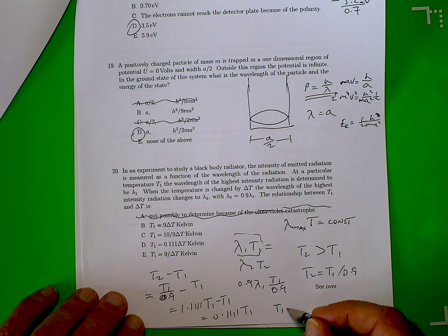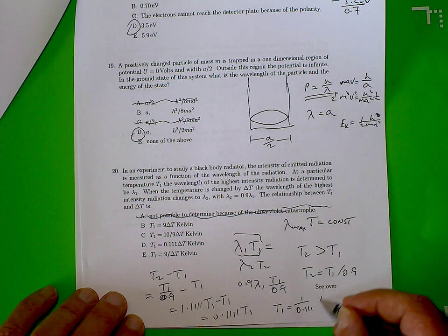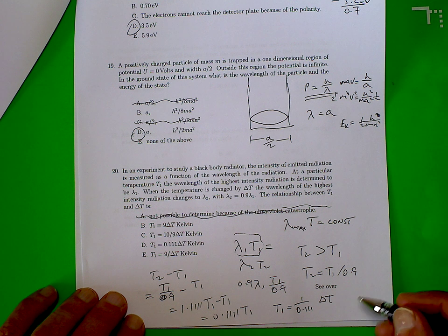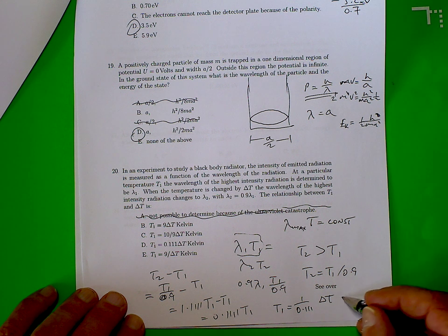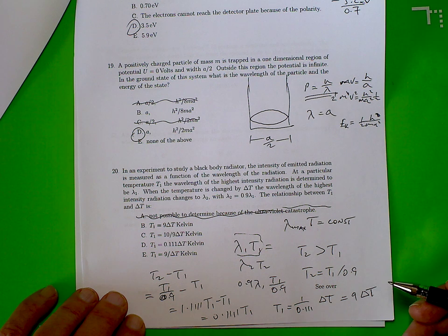Therefore T1 equals 1 over 0.111 delta T, and that equals 9 delta T. Oh God.